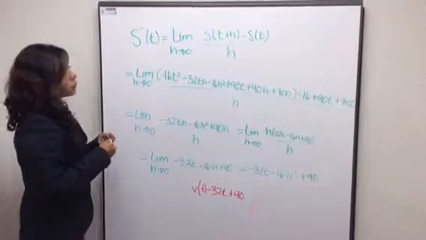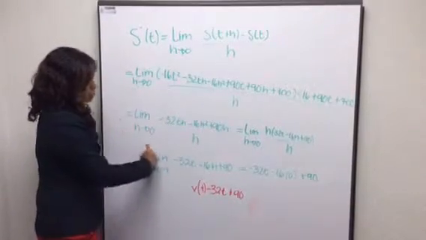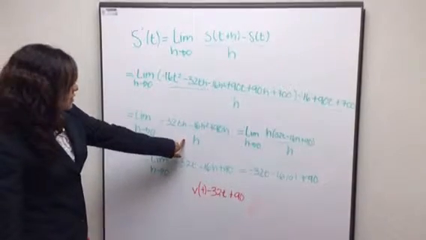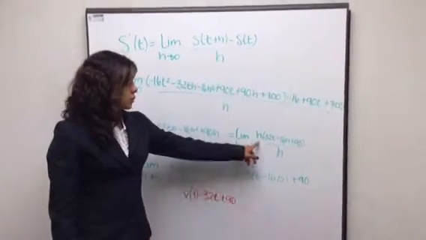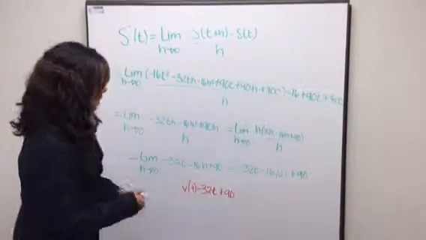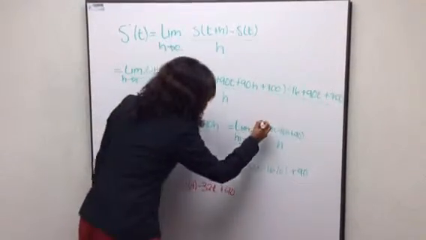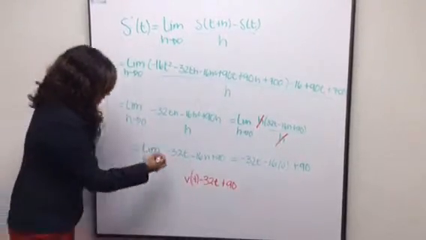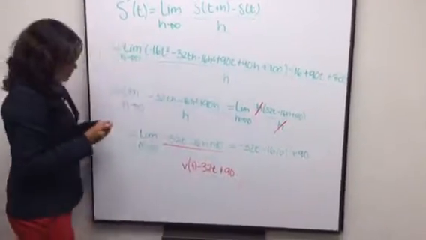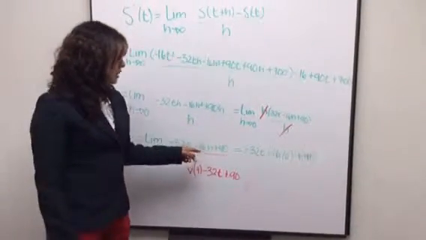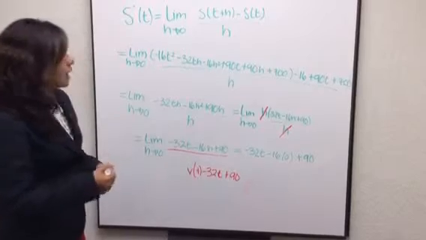Then if we resolve this, we are going to obtain this equation, and after this step we are going to solve the h, and at the end the h are going to be eliminated, and we are just going to have the limit of h to 0 of minus 32t minus 16h plus 90.